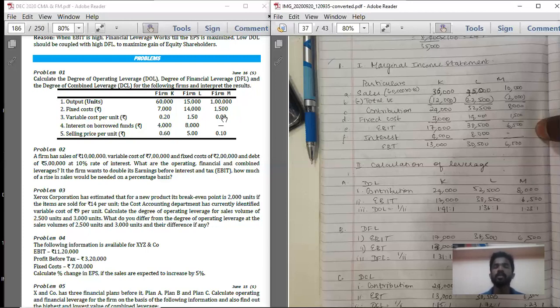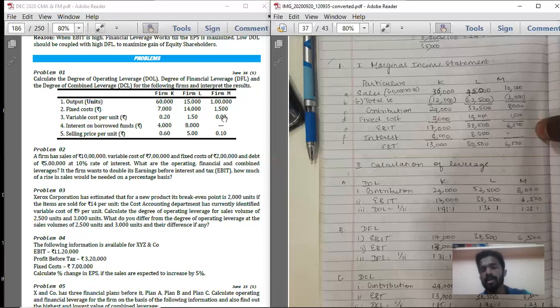Now what is EBIT? Contribution minus fixed cost is EBIT. So E minus F. For K, it is 24,000 minus 7,000 is 17,000. For L, 38,500. And for M, 6,500. That is EBIT.